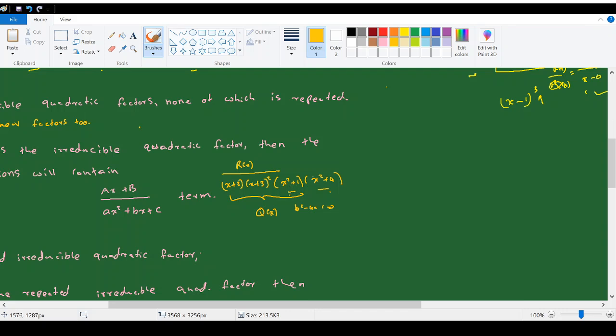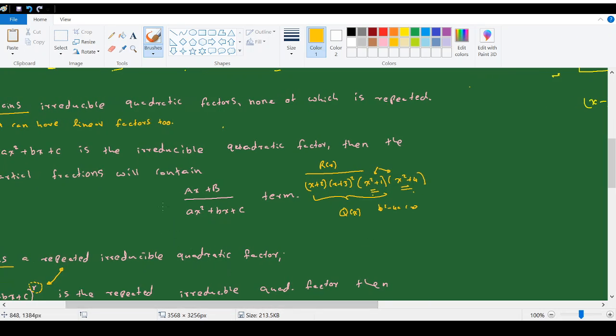So for this Qx, the new term that we have, which was not there in the previous two categories, is with these quadratic terms. For these quadratic terms, we should allocate a partial fraction of this format.